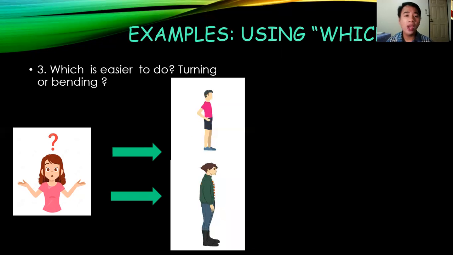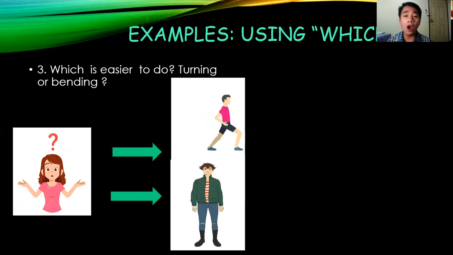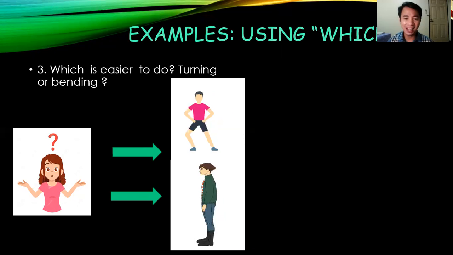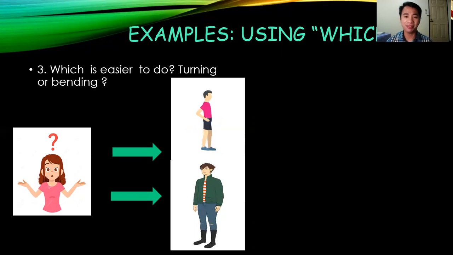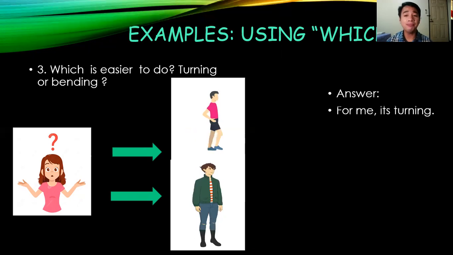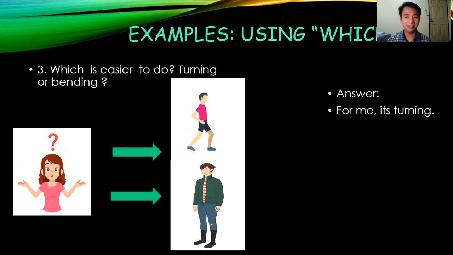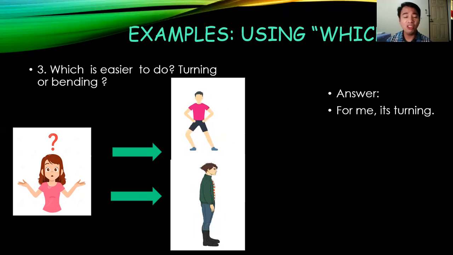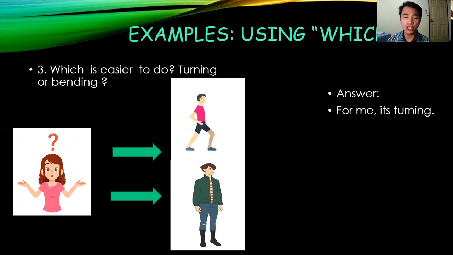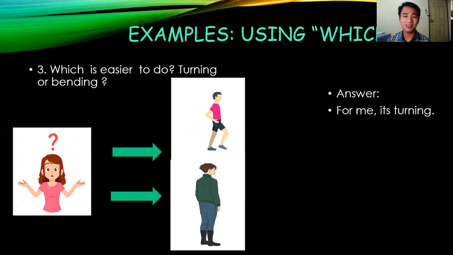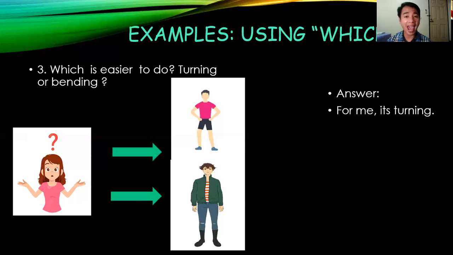Which is easier to do, turning or bending? What will be your answer? So you can say, for me, it's turning, or you can say, it's bending. So you have to choose between the two options, okay? That is how you answer which.